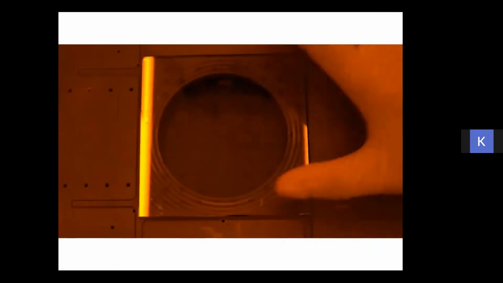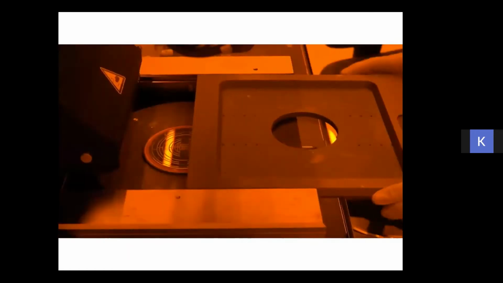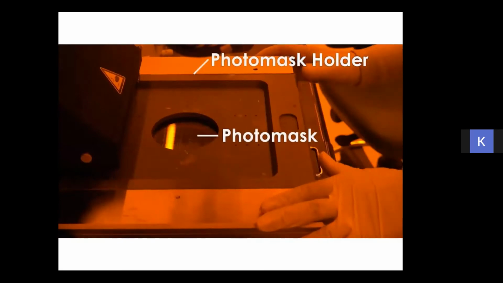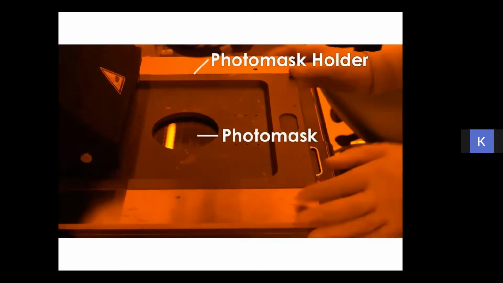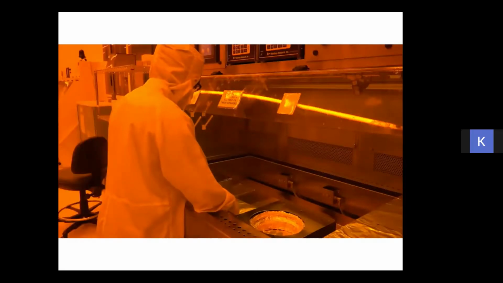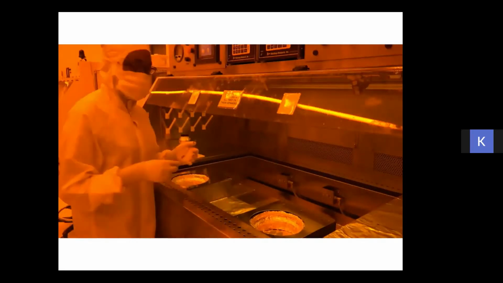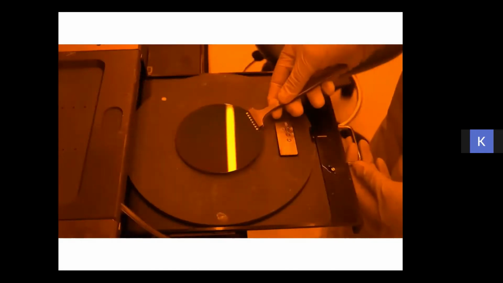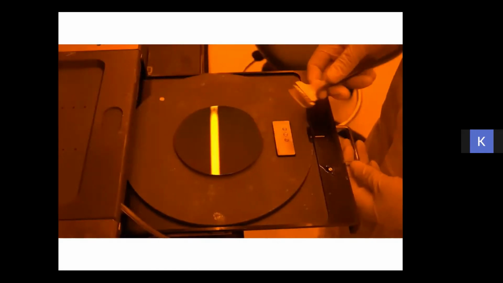Already the wafer is placed below. Oh no, this is not the thing. This is the mask holder actually. The wafer is placed on the chuck and the mask is placed in the holder, and now you are placing the mask. This is the wafer holder. So you have the mask holder, and you have the wafer holder or the wafer chuck.